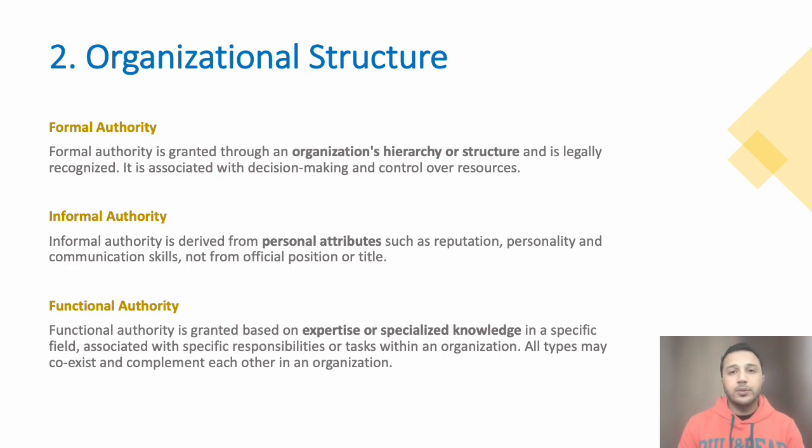So there are broadly three types: formal, informal, and functional. But generally, in real life, we do not stick to one authority. We use a blend of certain formal, certain informal, and certain based on our competence and expertise.